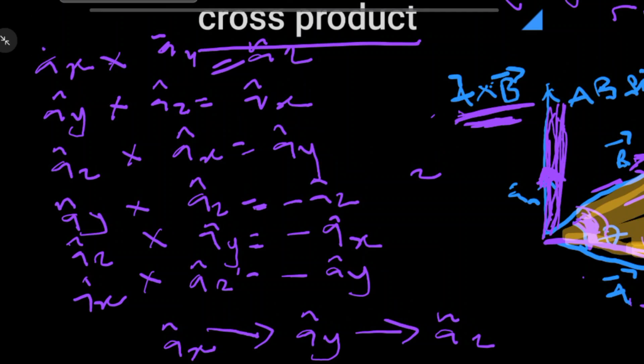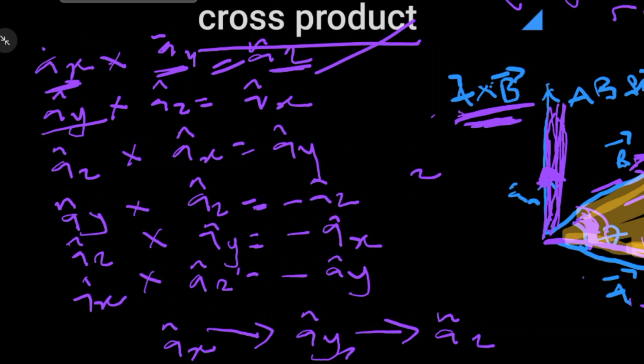You can see that ax times ay, we have az, right? So we're moving, which is giving us a positive answer. If we have ay and az, we should have ax.